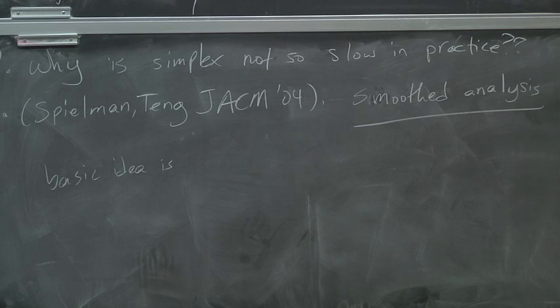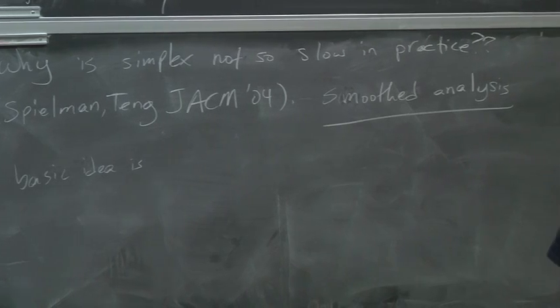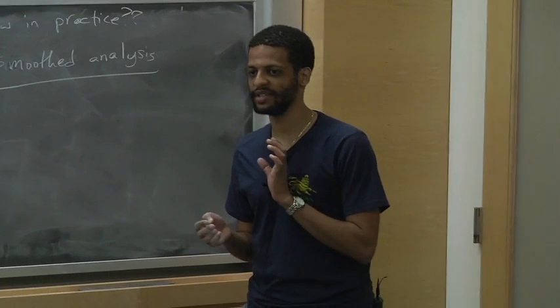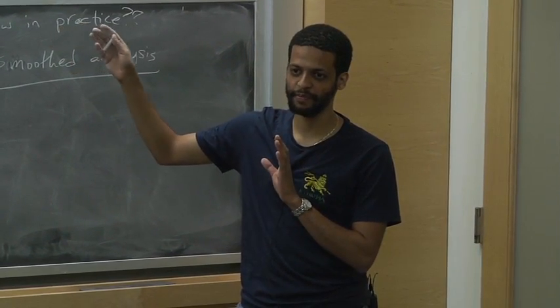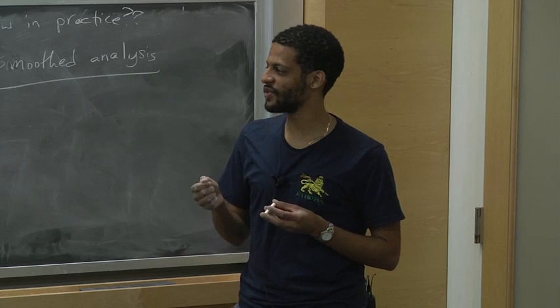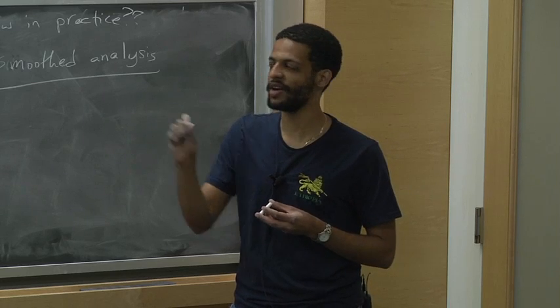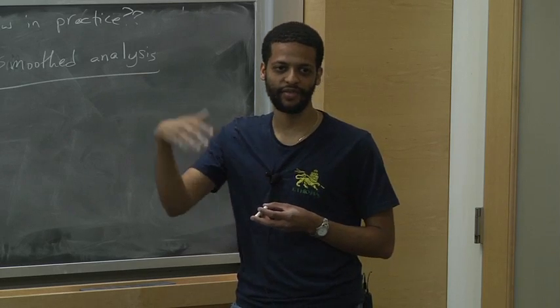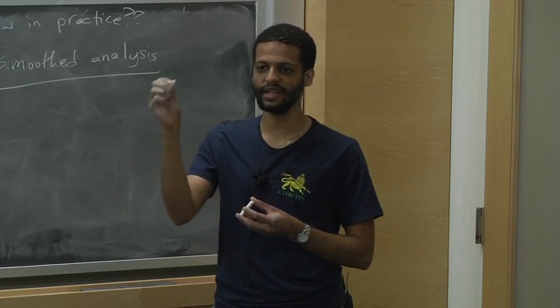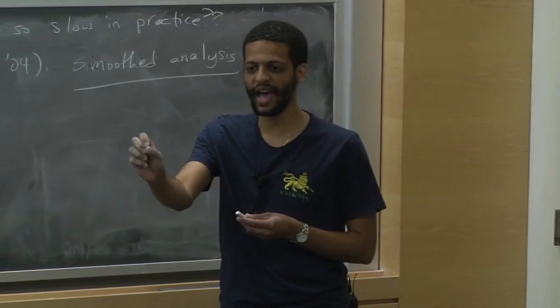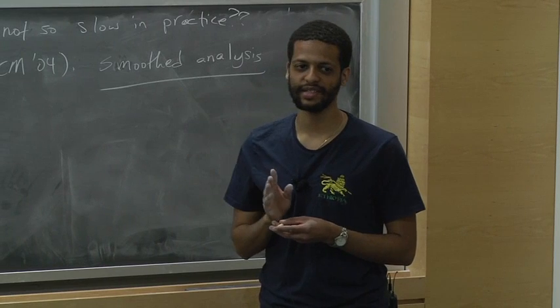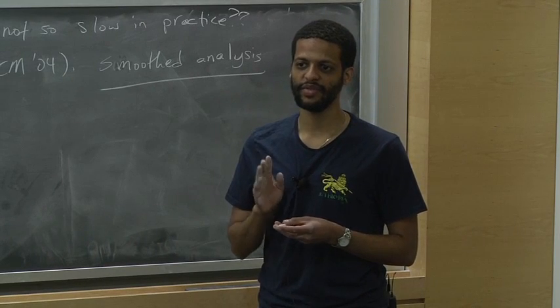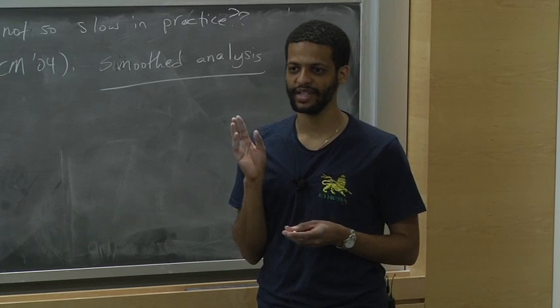The basic idea behind smooth analysis is, my algorithm has to be fast. The expected running time has to be fast on the following kind of input. You give me a worst case input, like a worst case LP, for example. And for every entry in that constraint matrix A, and for every entry in the right-hand side vector B, and in the cost function, I'm just going to add random noise, like Gaussian noise, with mean 0 and very small variance.